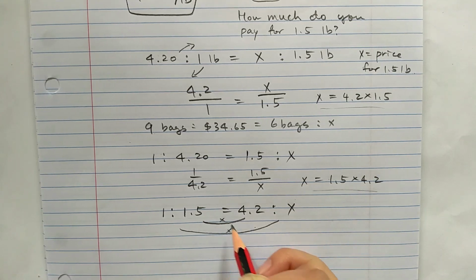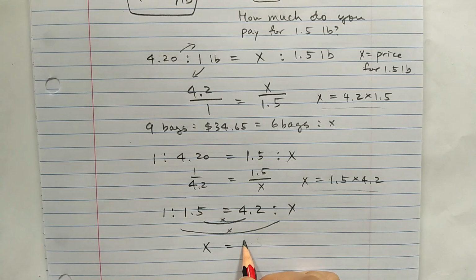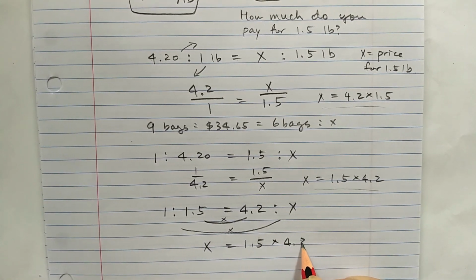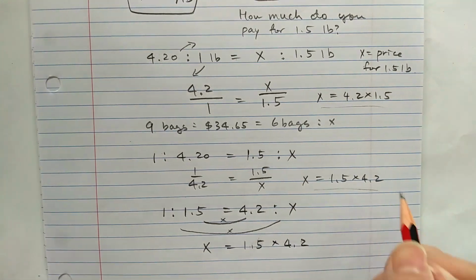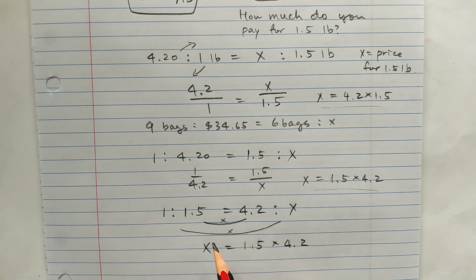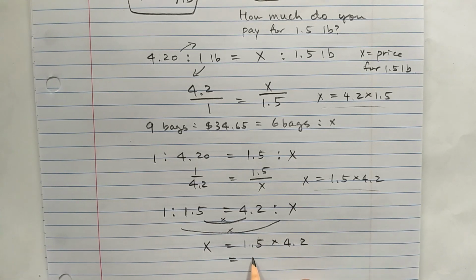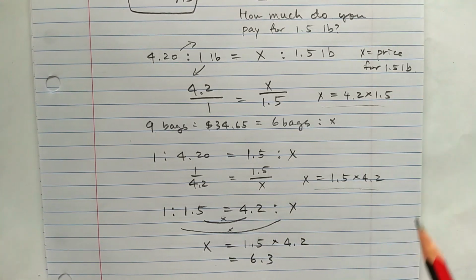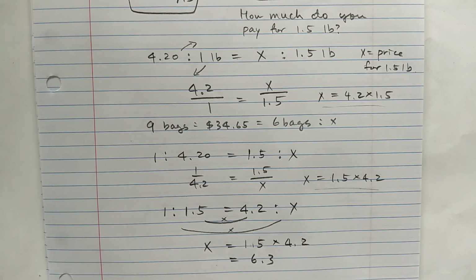So 1 times x is equal to 1.5 times 4.2, which is the same as this. So it doesn't matter which number you put first as long as you are consistent. Multiplying these two numbers is equal to 6.3. And what is the x here? X is the price for 1.5 pounds of cereal. You will pay $6.30.